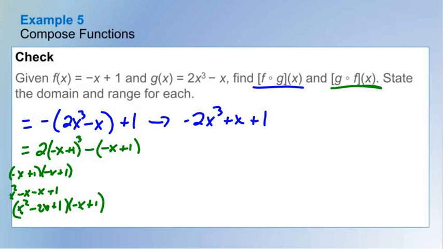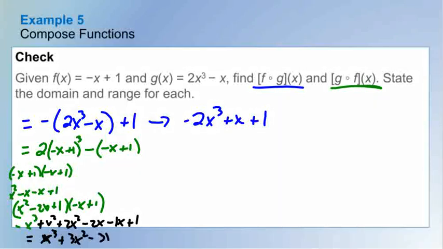So this will give us a negative x cubed plus x squared plus 2x squared minus 2x and then minus x plus 1. So this will give us a total of x cubed plus 3x squared minus 3x plus 1.